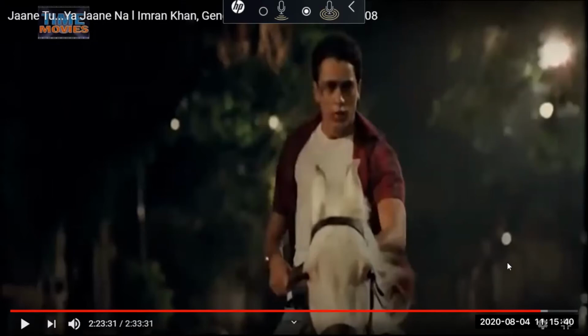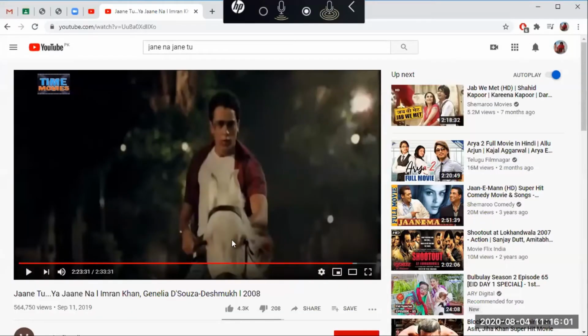As a matter of fact, the filmmaker has intercut between two scenes that are happening in two different places, because Imran Khan leaves jail and he's going to the airport, and the female protagonist is actually leaving India.